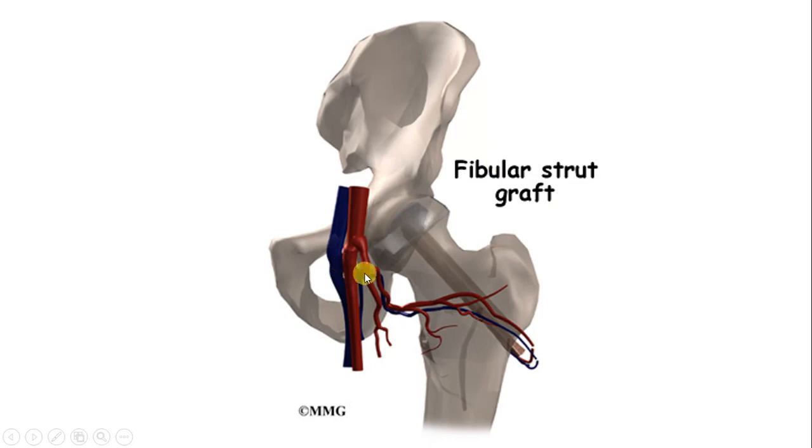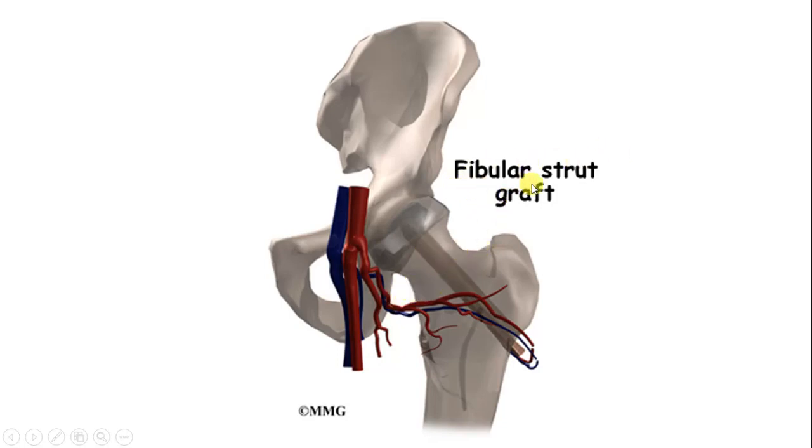Here you can see the neck of the femur is fractured. Here the fibular graft has been passed through the neck of the femur into the head, and in this way the neck is stabilized and the head is secured in the hip joint. So this graft will maintain the integrity of the neck of the femur.